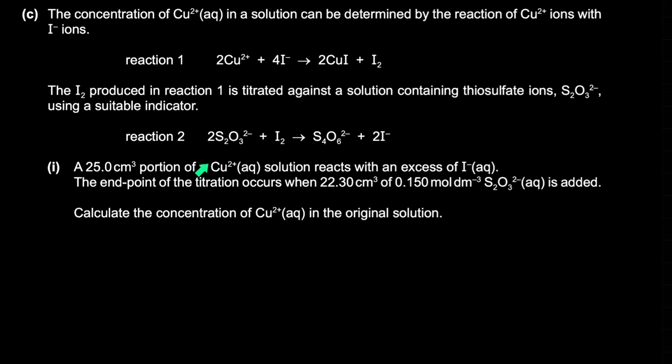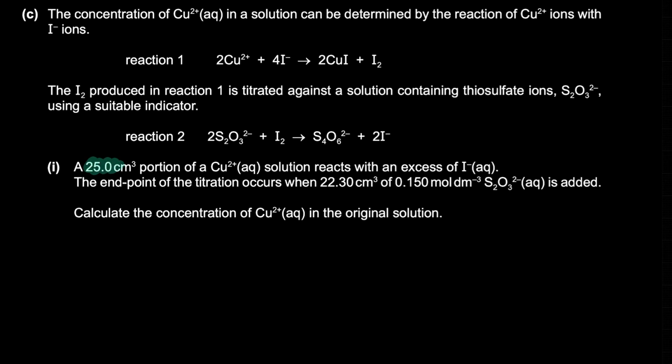A 25 cm cube portion of the Cu2 plus solution reacts with an excess of iodide. The end point of the titration occurs when 22.3 cm cube of 0.15 mol per dm cube S2O3 2 minus is added. Calculate the concentration of Cu2 plus in the original solution.